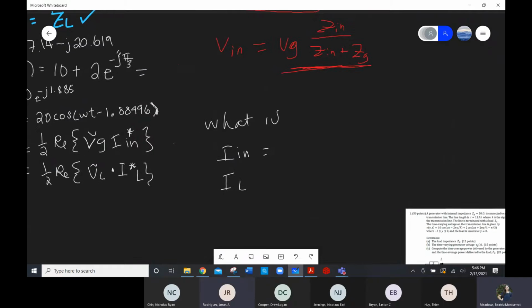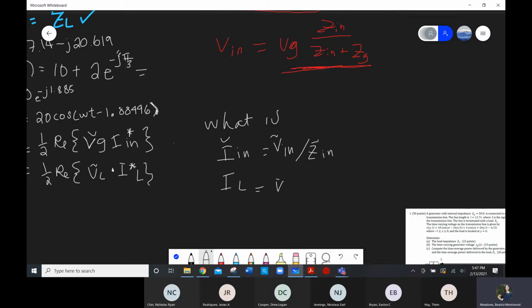I literally put V in over Z in. Same with I load, right? That is nothing but V load over ZL, which we found. If you did part A, you know what ZL is.